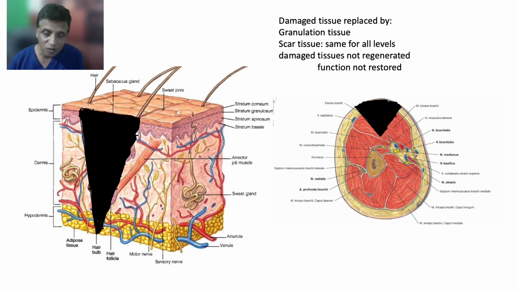Your muscle is not regenerated. The fat is not regenerated. The dermis is not regenerated. That means the original function has not been restored, because the new tissue is essentially collagen fibers embedded in this extracellular matrix, which we call scar tissue.